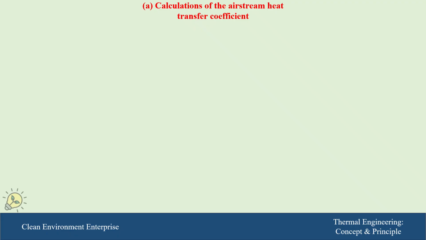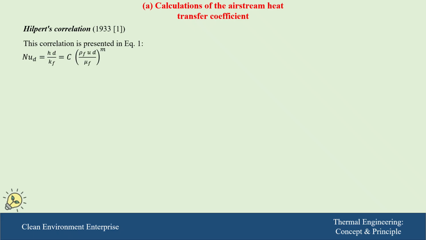To estimate the heat transfer coefficient of air, I will use the Hilbert correlation as presented in equation number 1, with Nusselt number C, Reynolds to the power n, Prandtl to the power 1/3. And from table 1, we may get C equal 0.0266 and M equal 0.805.